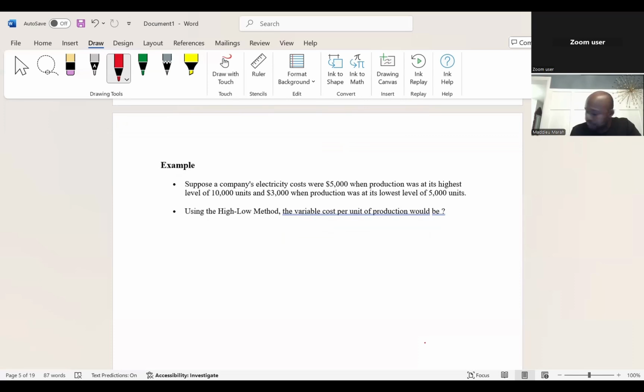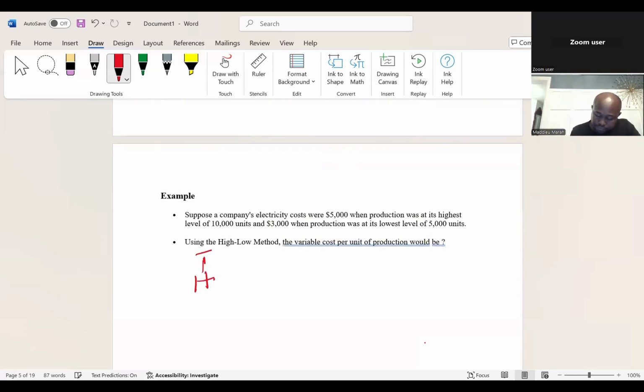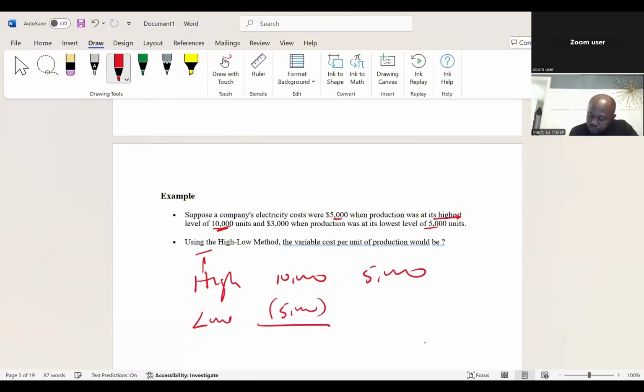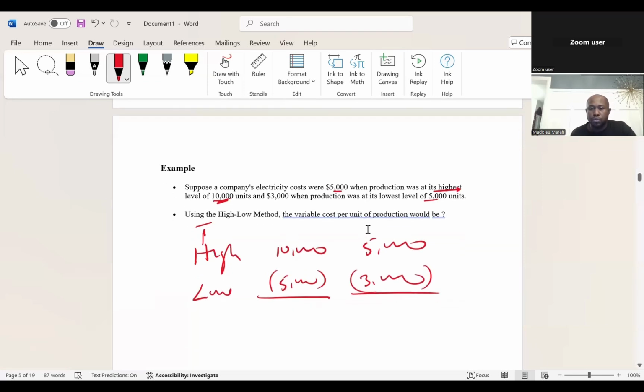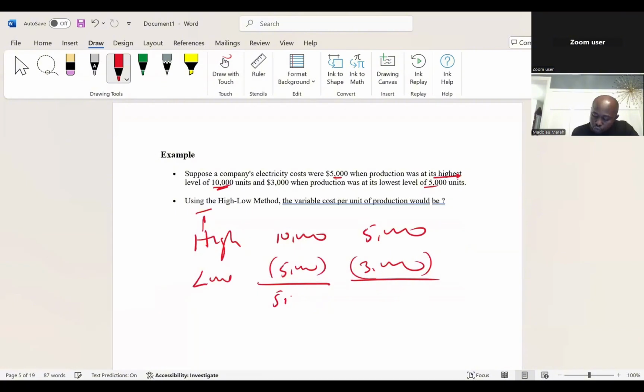Remember our format? High, low. We are told that the electricity cost was 5,000 when production was at the highest level of 10,000. So high is 10,000 and low is 5,000. And the cost here is 5,000 and the cost for this is 3,000. So the difference, step 2, is 2,000.